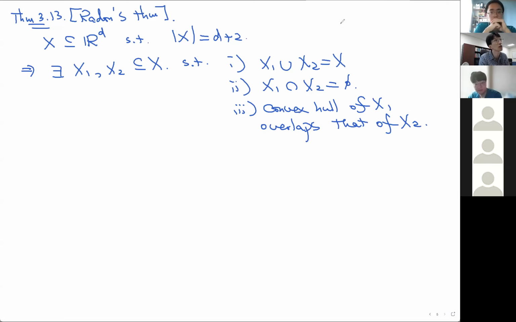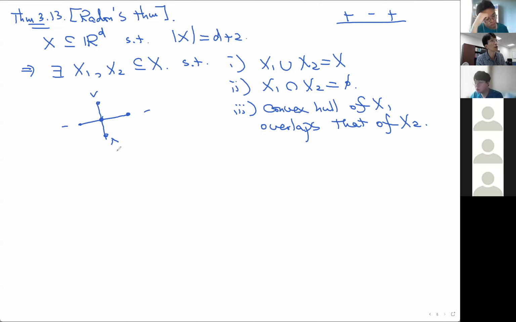It's a bit like the plus minus plus scenario that we discussed for the rectangle case. We have a bunch of points, and in 2D, if we have 4 points, then we can find X1 and X2 such that the convex hulls overlap. We can choose these two points and these two points, and the convex hull is a line, and they overlap in the middle point.